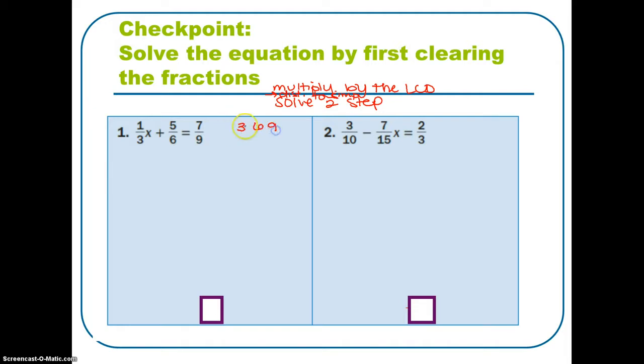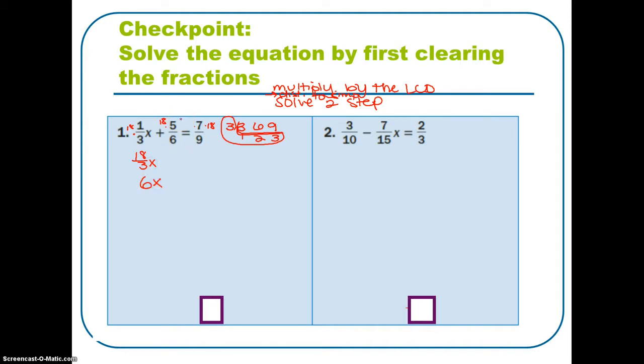3, 6, and 9 all divide by 3. And that's it. So 3 times 3 is 9, times 2 is 18. So we're going to multiply by 18. Well, 18 over 3x is going to give me 6x.